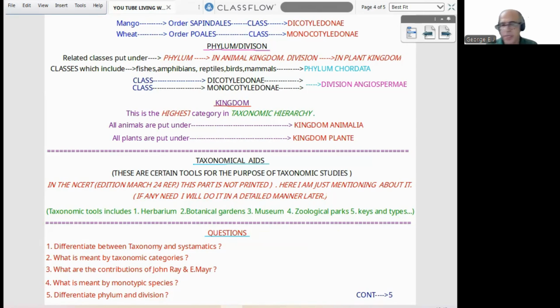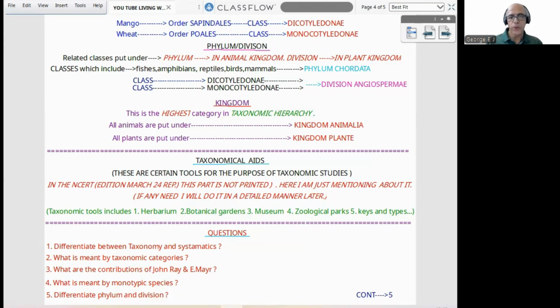Now the next division is phylum or division. Remember that itself is a question. So related classes: species, genus, family, order, class. Related classes are put under phylum in the animal kingdom and division in the plant kingdom. That itself is a question.